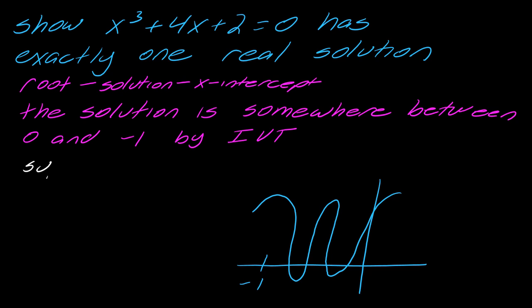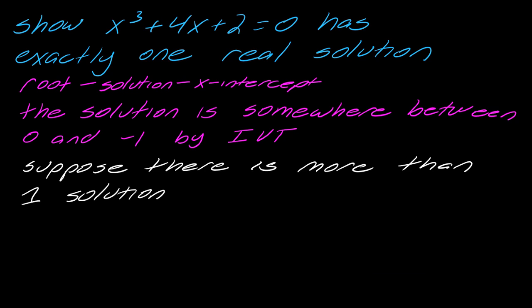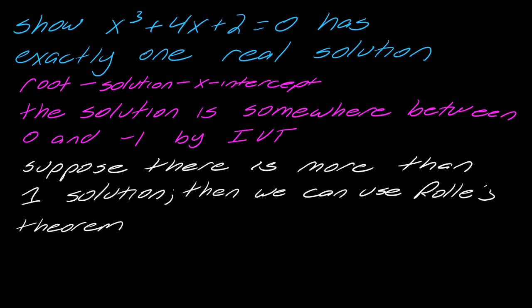So I'm going to say, suppose there is more than one real solution. So then we can use Rolle's theorem. Now, by Rolle's theorem, there would actually be at least 2 points that would equal 0.